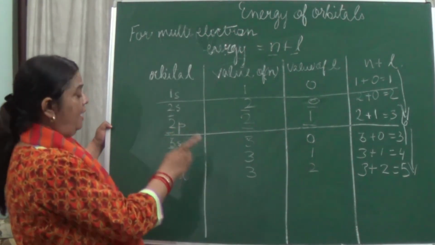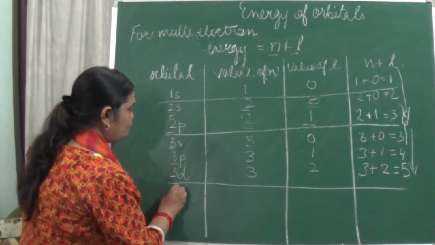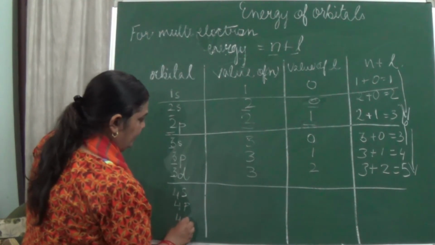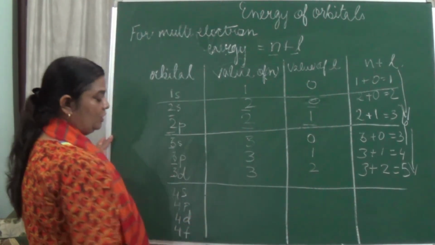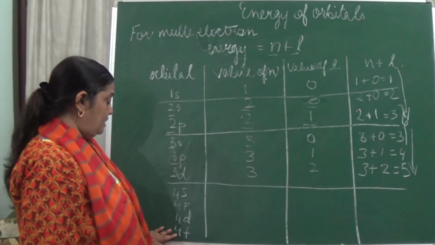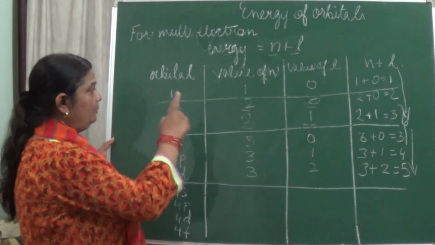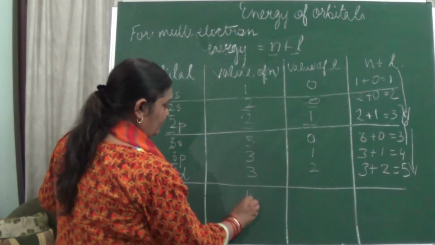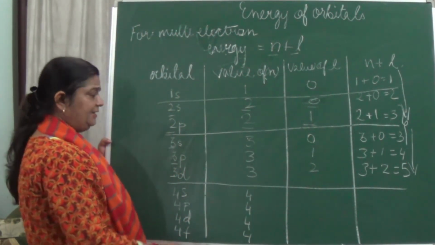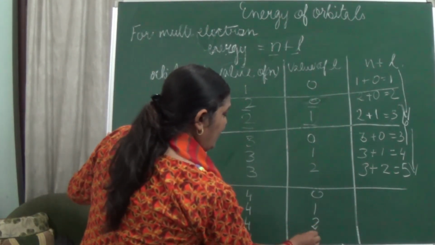Okay? Now let's go to the next shell, which has 4s, 4p, 4d and 4f, because from the fourth principal quantum number the f subshell also starts. So the value of n here is 4 everywhere, but the value of l differs, that is 0, 1, 2 and 3.